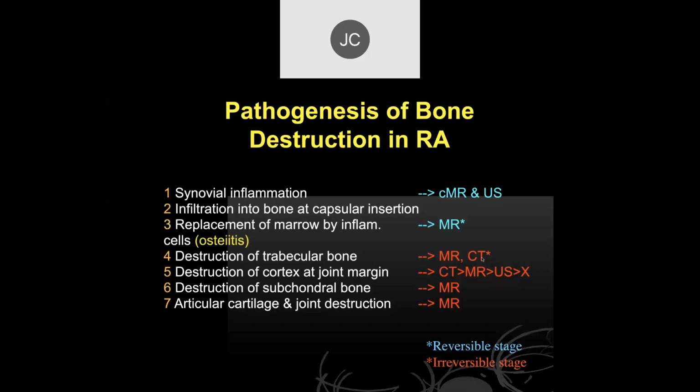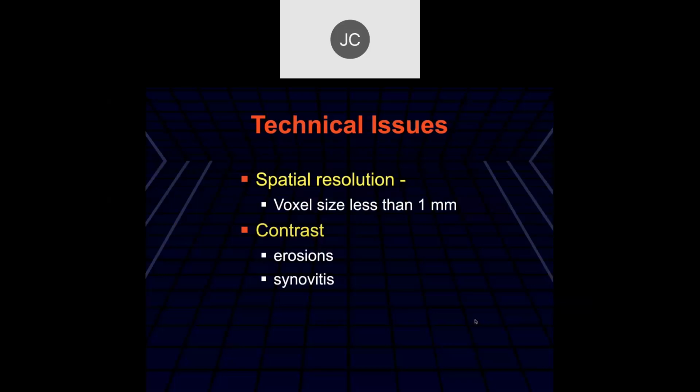As you get more destruction, CT is really the best for looking at cortical destruction, followed by MR, followed by ultrasound, followed by X-ray. Then you can get destruction of the subchondral bone, which you can only see really well by MR, until a much later stage where CT can see the trabecular destruction, and articular cartilage and joint destruction is best evaluated by MR.